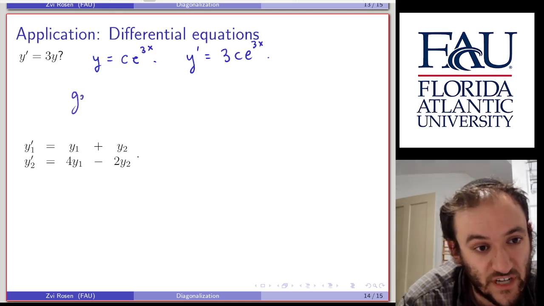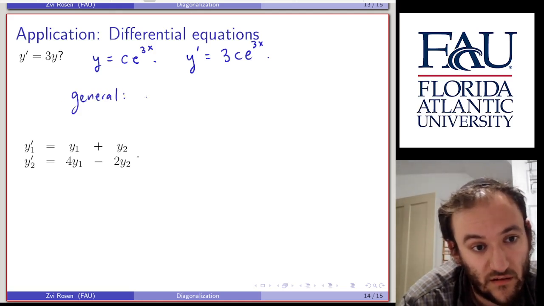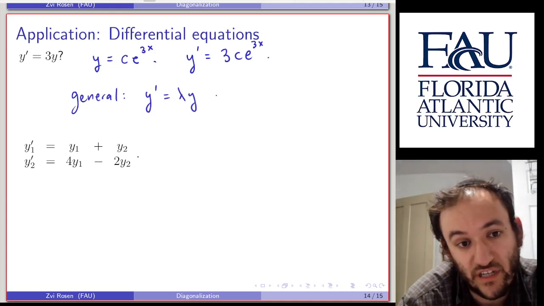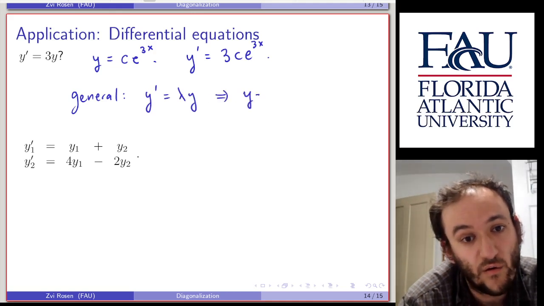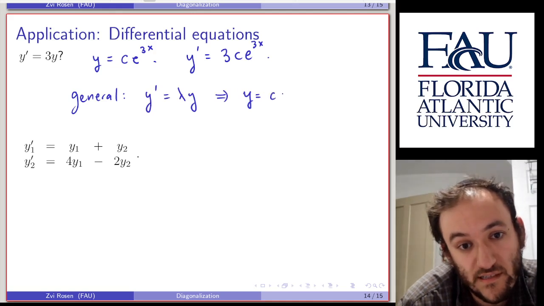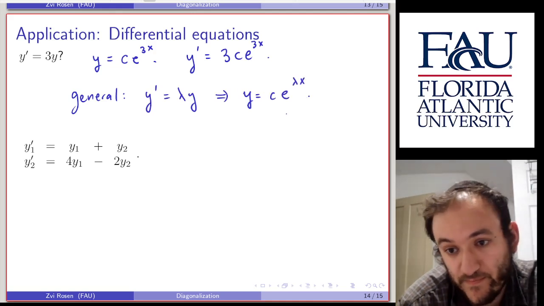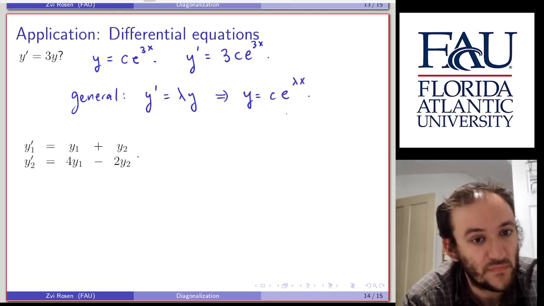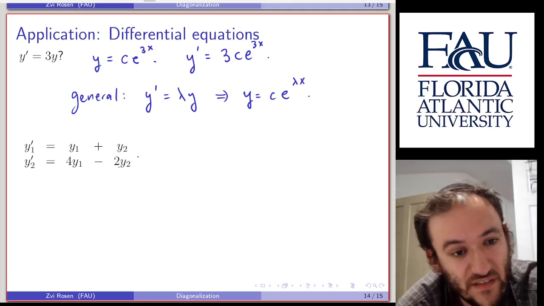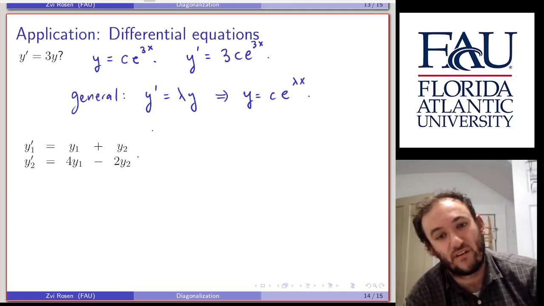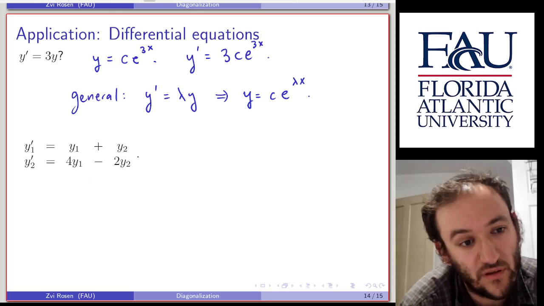Okay, and of course, more generally, if you have y prime equals lambda y, the solution will be y equals c e to the lambda x. Okay? So what happens if we have a system of linear differential equations of this type?